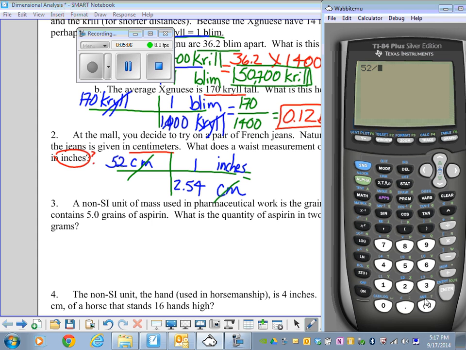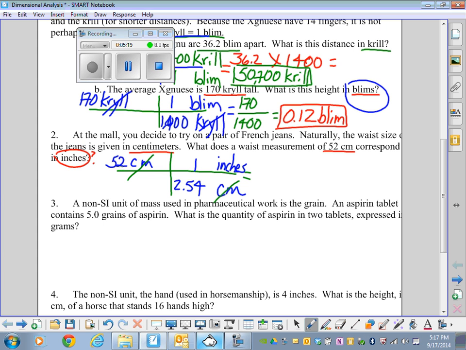52 divided by 2.54 equals, this is quite a sizable number, I'd say. But we know sig figs, so we are good to go. And I'm going to actually note that we have 3 sig figs here and 2 here.